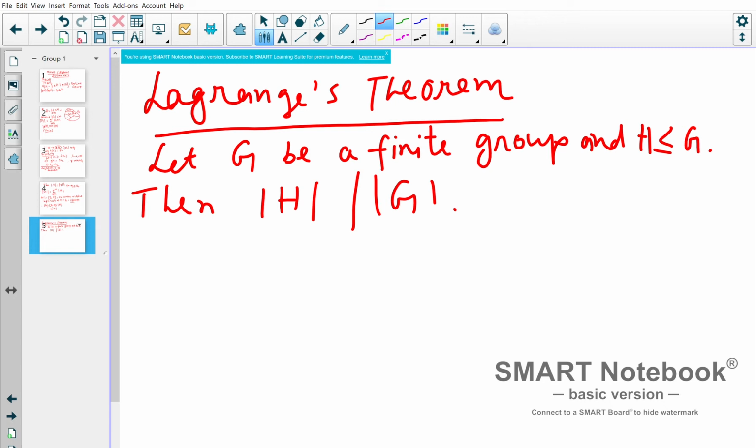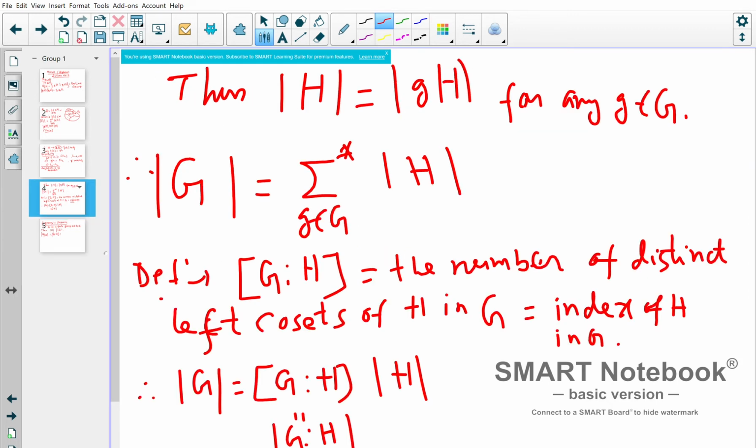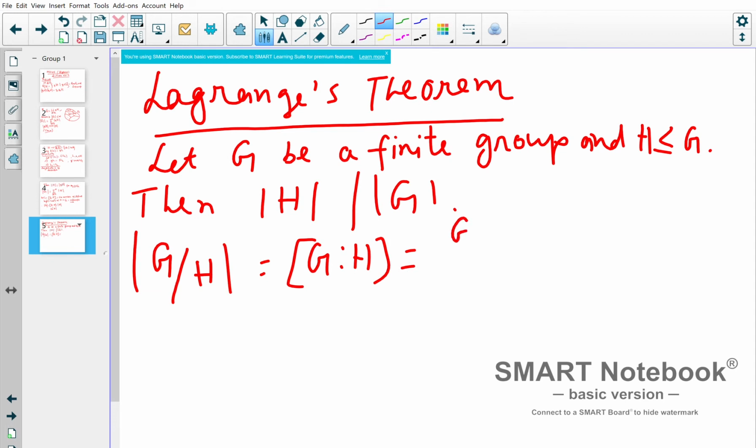And also in this case, the index, the number G mod H which I just defined, is the order of G divided by the order of H for a finite group.